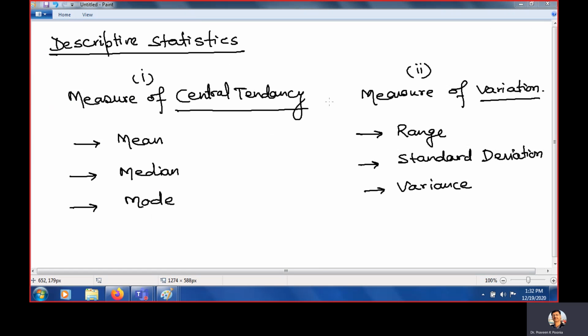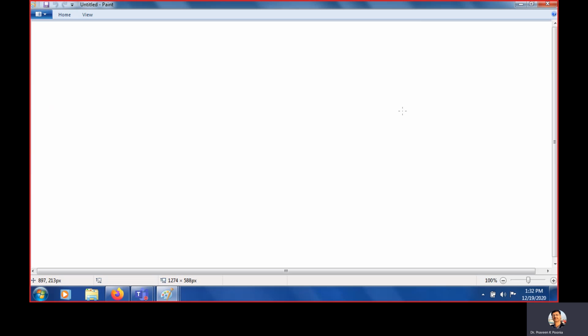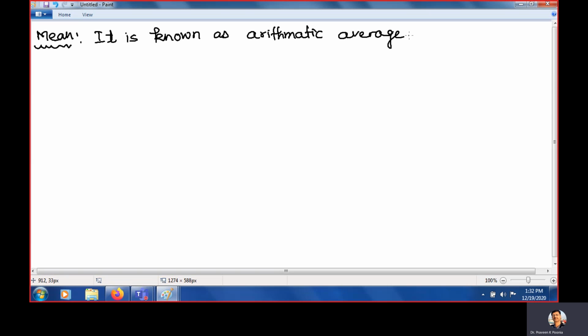Okay. Now we will learn how we measure all these things. In this lecture we are going to discuss only three important measures: mean, median, and mode. So first we are talking about the mean. What is the mean? Mean is known as arithmetic average.